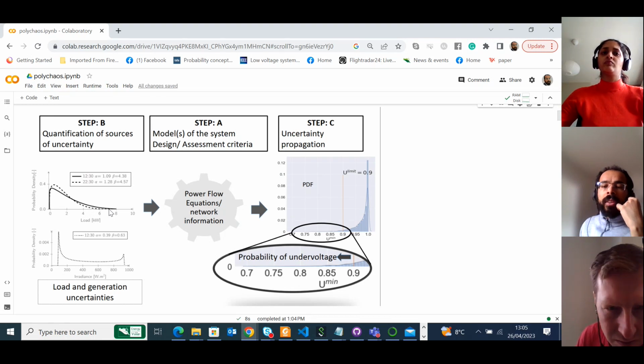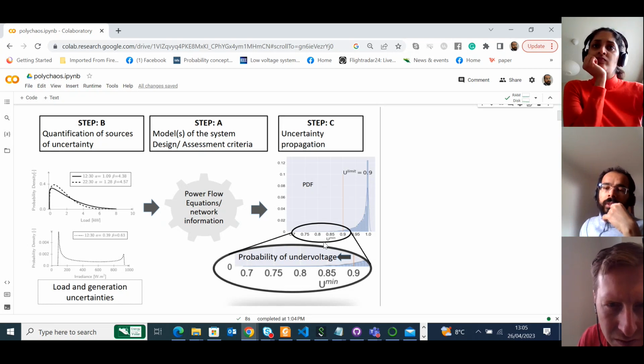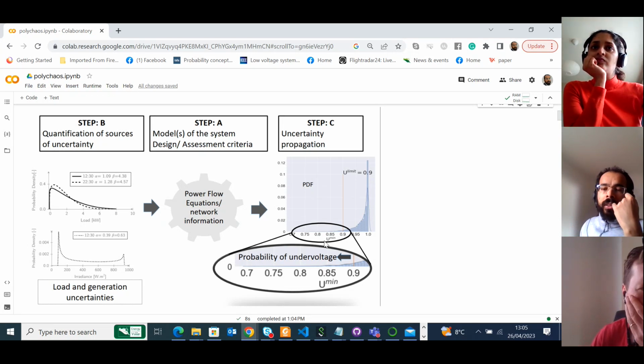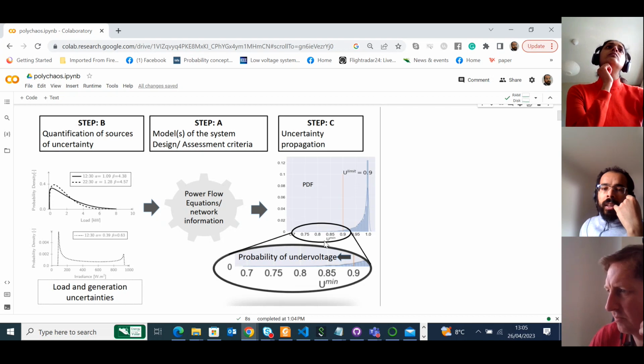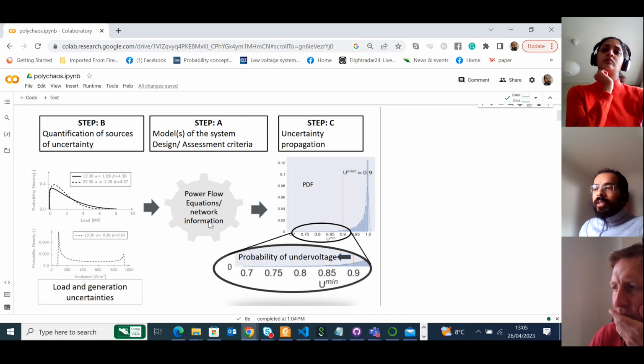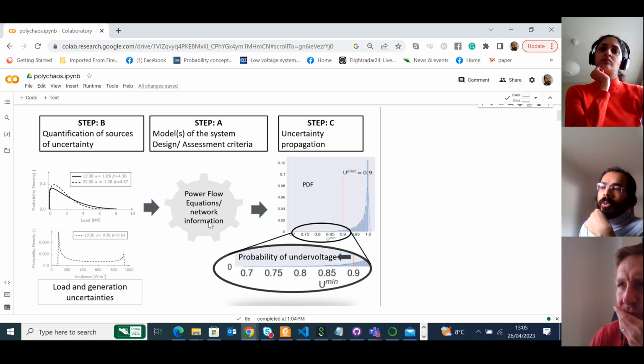Is it the probability of congestion, a whole PDF, or the probability of voltage at particular nodes? There can be a number of quantities of interest which you can obtain through this uncertainty quantification. So uncertainty quantification transforms the input uncertainties into uncertainties in your output.